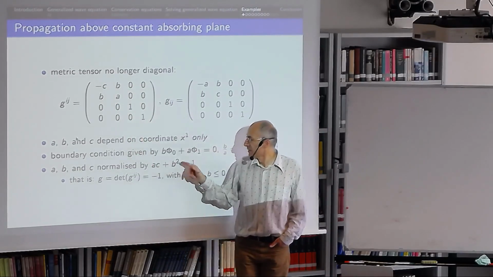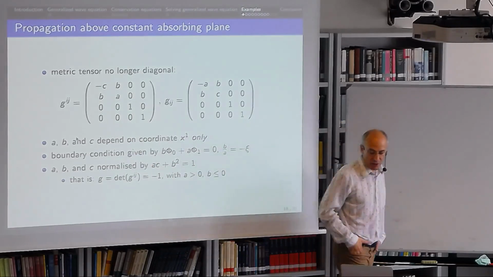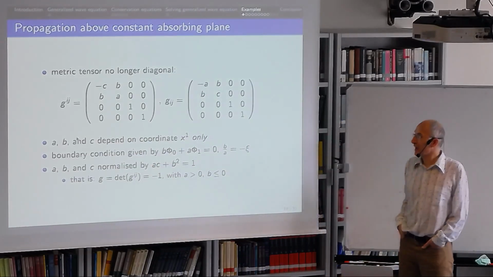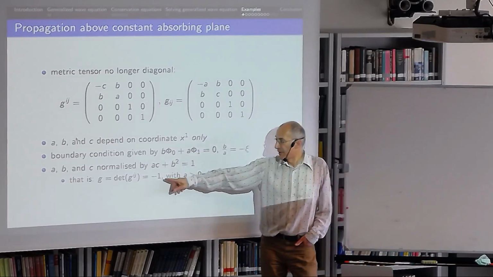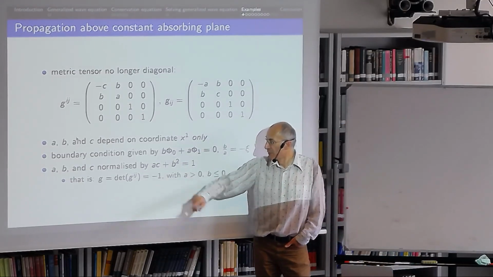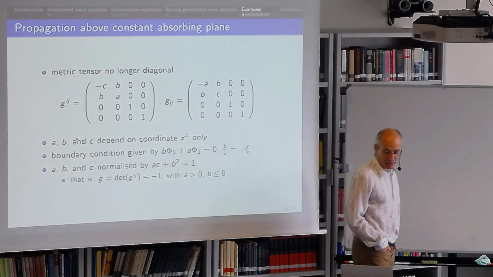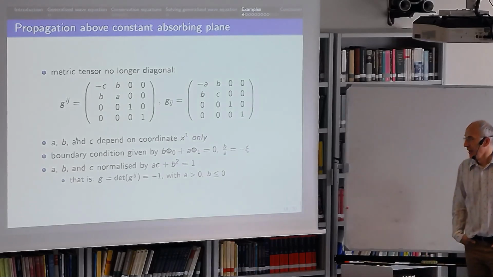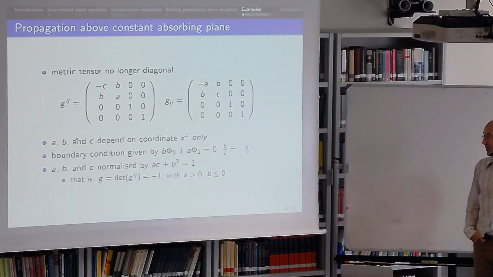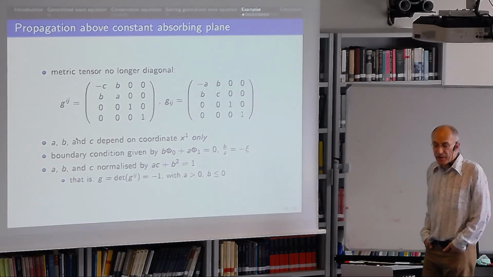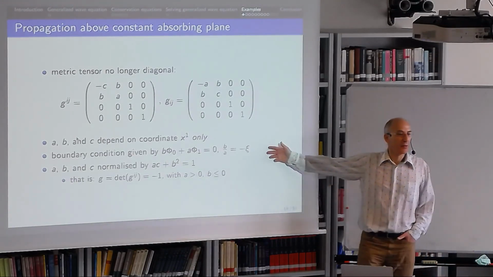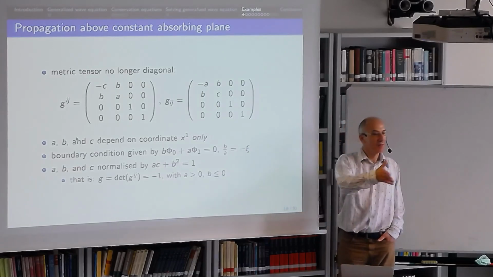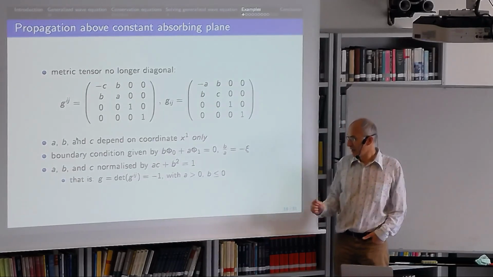the product AC plus B2 is equal to 1, which means that we will get a determinant of G with the volume, it's -1. It must be negative, as I said. It's -1 because I have considered that the speed of sound is equal to 1. I've normalized it to 1, as I implicitly did in the preceding part.